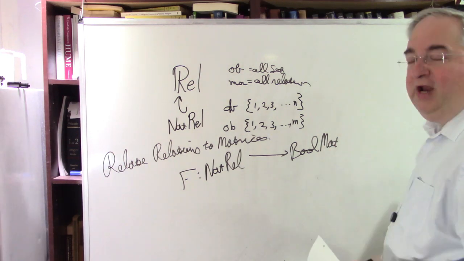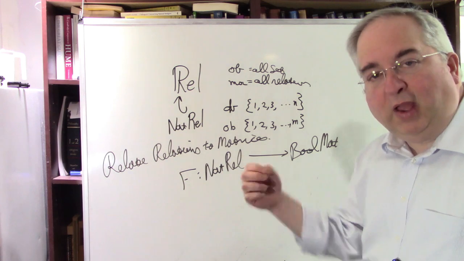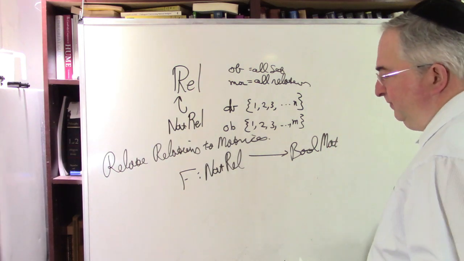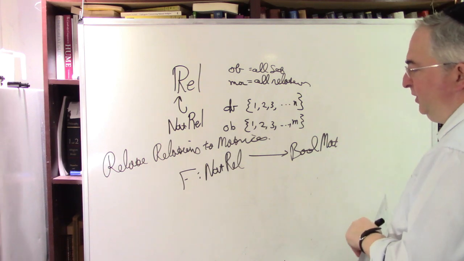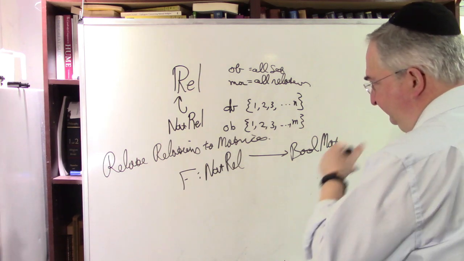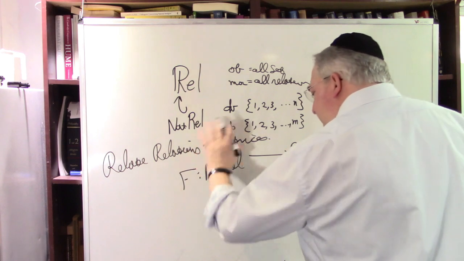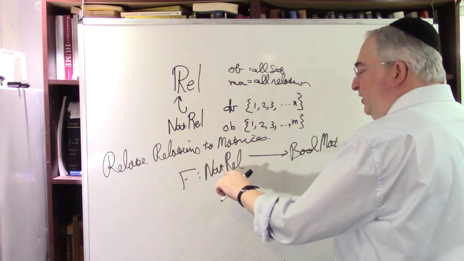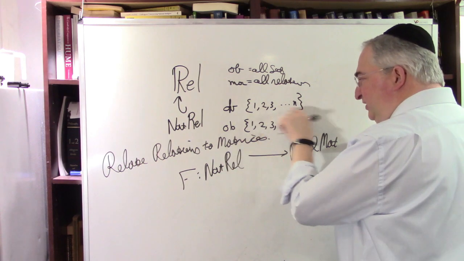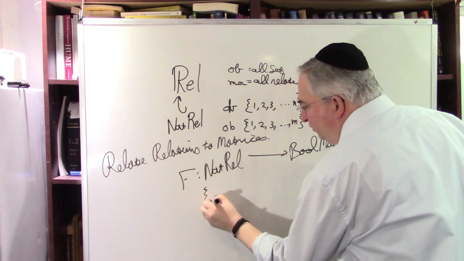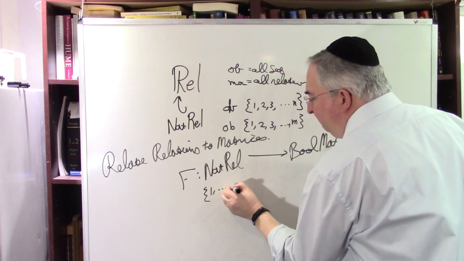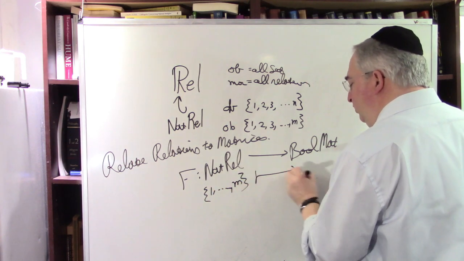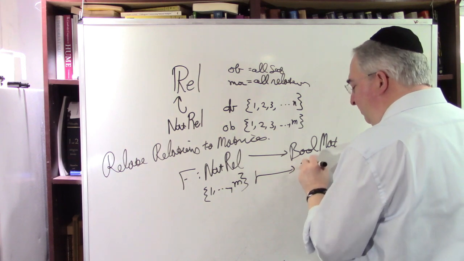The objects are natural numbers. They tell you how many columns and how many rows, and the entries are 0 or 1. What I'm going to do is relate relations to Boolean matrices. The idea is as follows. The objects here are sets of natural numbers. So the set from 1 to m is going to go to the number m.